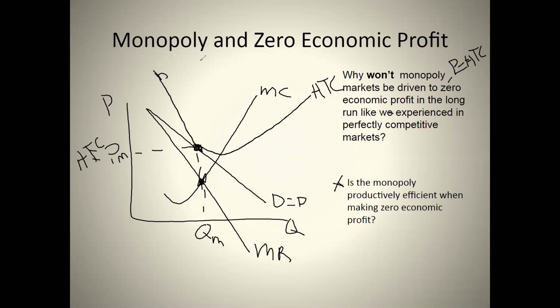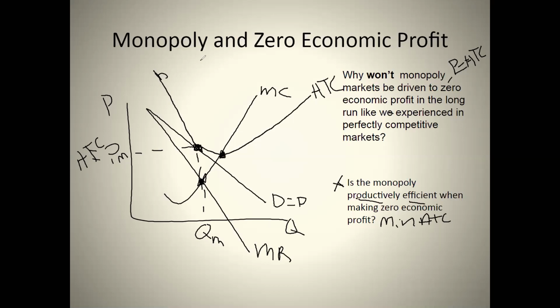In this second question right here, is the monopoly productively efficient when they're earning zero economic profit? So what's that definition? What is productive efficiency? Productive efficiency, if you remember, is producing at minimum ATC, producing at your lowest possible cost, using your resources so that you're producing at the lowest possible cost. And minimum ATC on this particular graph would be right here.